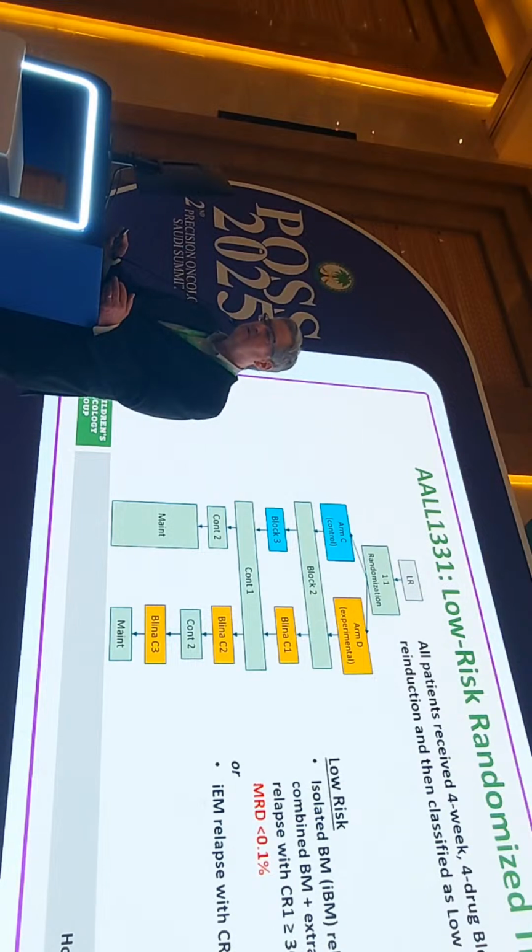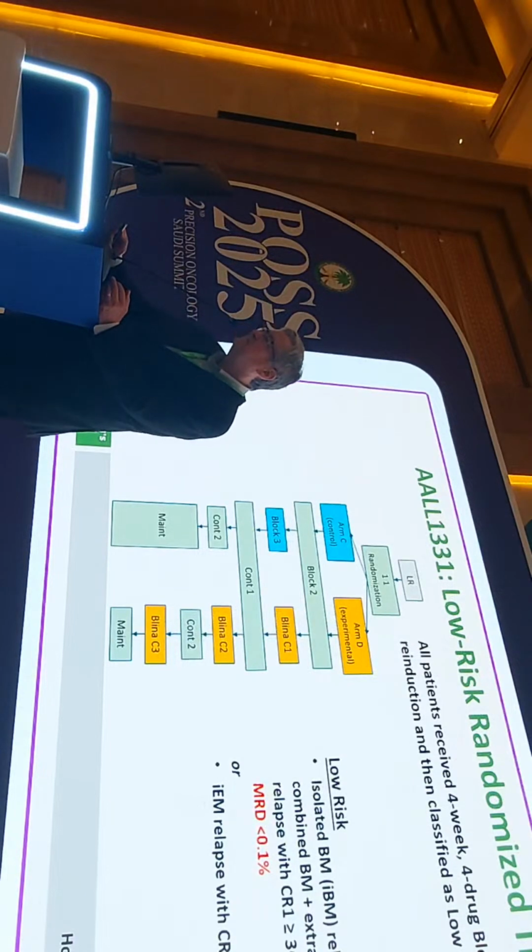The experimental arm, patients received block 2 of chemotherapy, but then the intensive block 3 was replaced with a cycle of blinatumomab. The remaining chemotherapy was the same, but 2 additional cycles of blinatumomab were interpolated between courses.